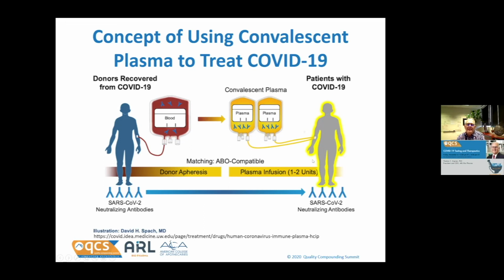So the idea is you're taking the neutralizing antibodies from the individual who has recovered from COVID-19 and infusing them as a passive administration into a patient, hopefully to give them something they would find beneficial. And of course, I'm crediting the author on this diagram. Here are the SARS-CoV neutralizing antibodies.